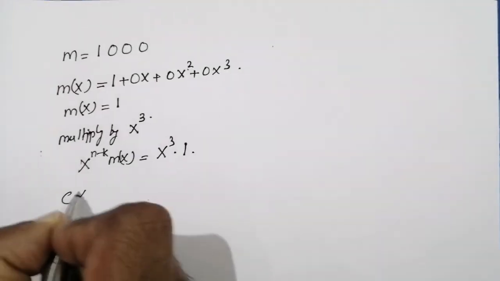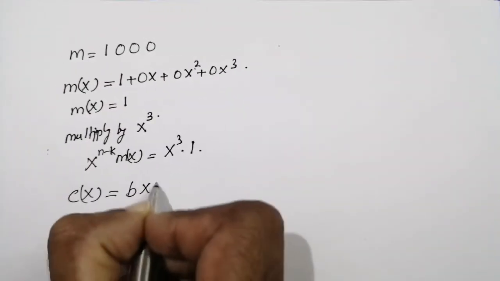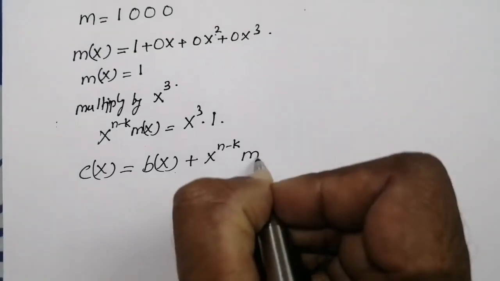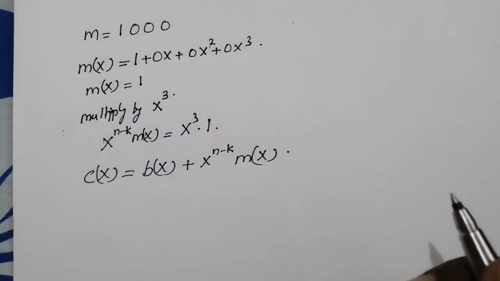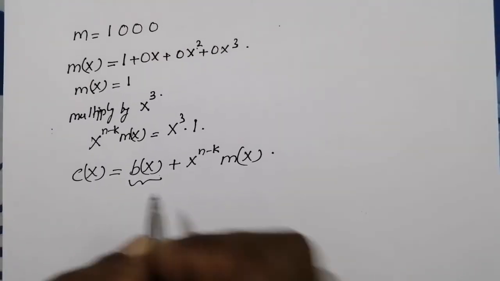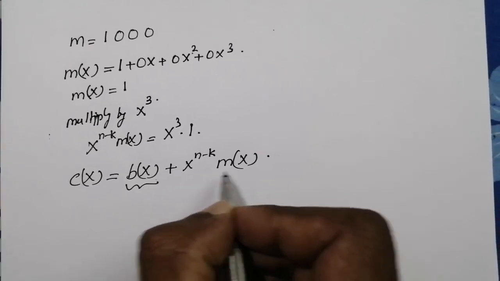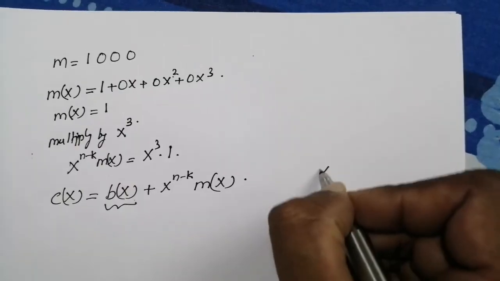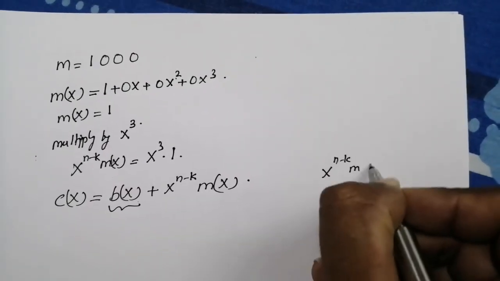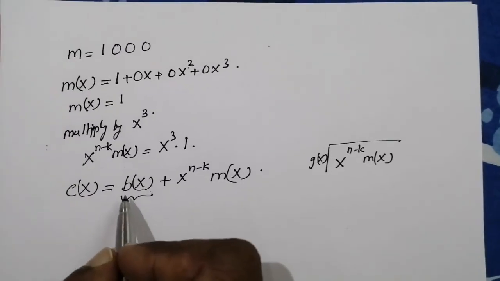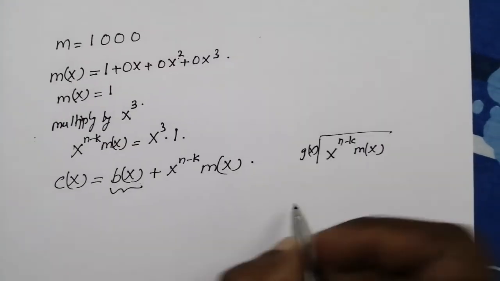Now we know that c of x is b of x plus x raised to n minus k m of x. Right. So b of x is obtained as the remainder polynomial if you divide x raised to n minus k m of x by g of x. So we will divide x raised to n minus k m of x by g of x to find the b of x, right?